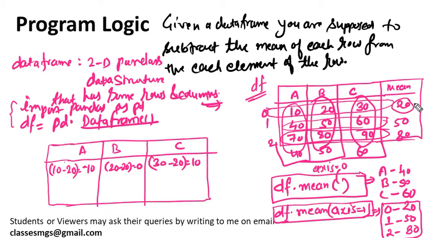So this is how we need to subtract the mean of the row from each element of the row. This is the essential requirement of this practical.